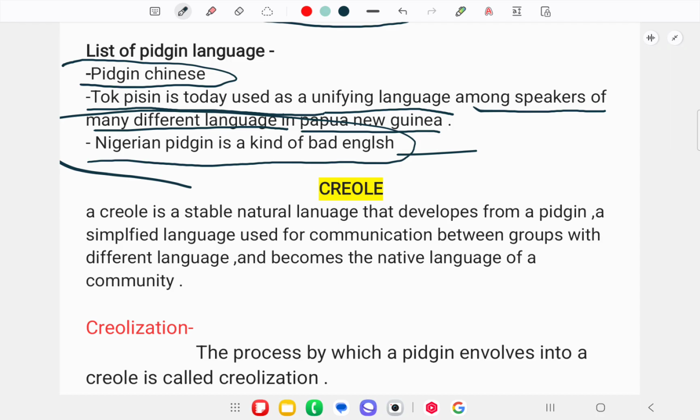But when your mother tongue is Tamil and you are trying to learn Hindi to speak with any English person, and that English person is also trying to learn Hindi, then whenever both persons meet each other, they try to communicate in the Hindi language. So that is a pidgin language. But when Hindi is your mother tongue and the person you are talking to also has Hindi as a mother tongue, then that is known as Creole.